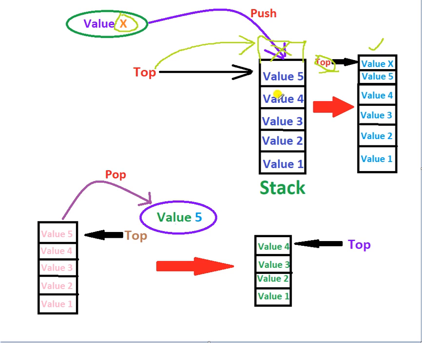Now what about pop? In pop we simply remove the element and this value would be returned to us. This value is not deleted. We are not deleting this element. We are just taking it out and seeing this element. I mean, we know what that value is which we are removing from the stack. So it would be our output.